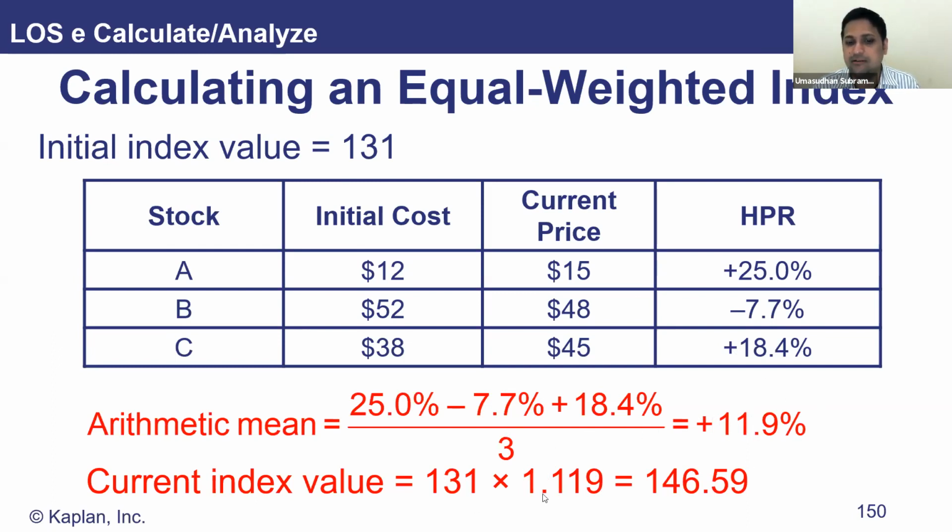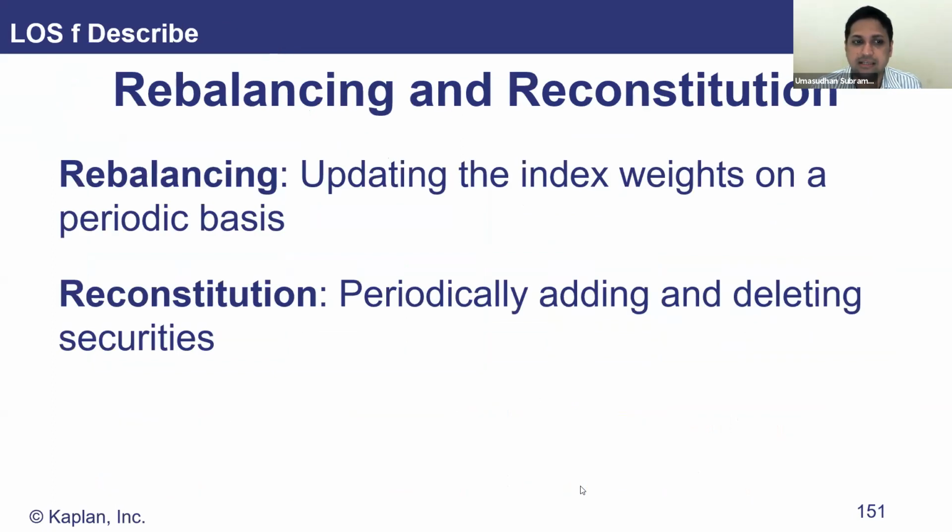So it will be 131 plus 131 times 11.9%. How much is that? 131 times 11.9% gives you 15.59. So 131 plus 15.59 gives you 146.59. That's your current index value. All right, hope that makes sense. So that's the equally weighted index.